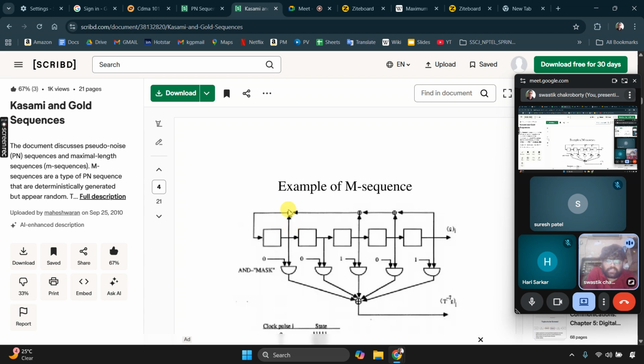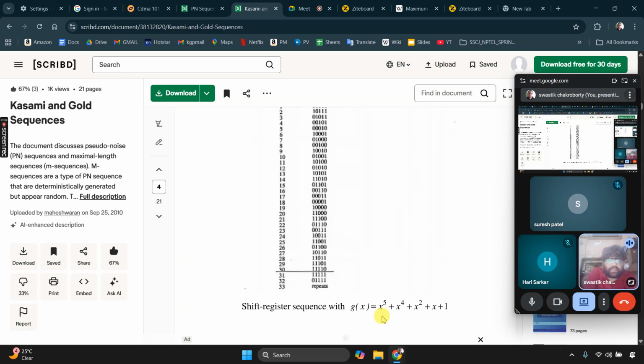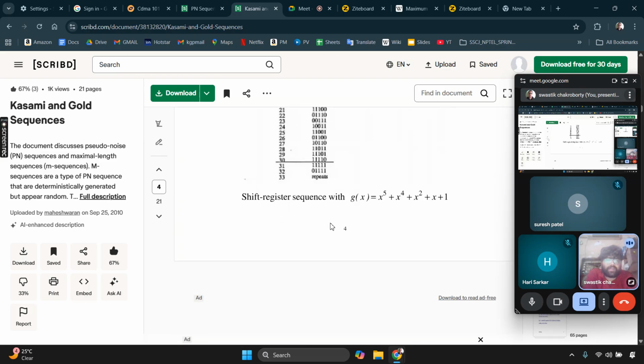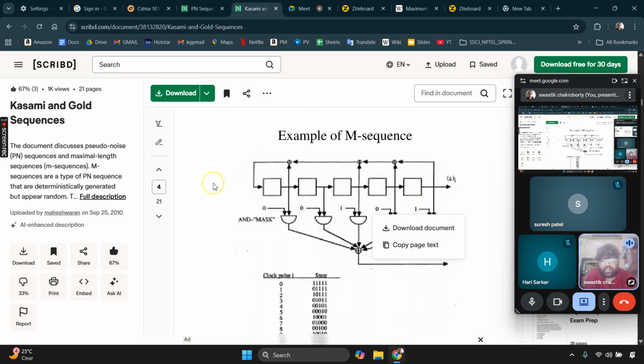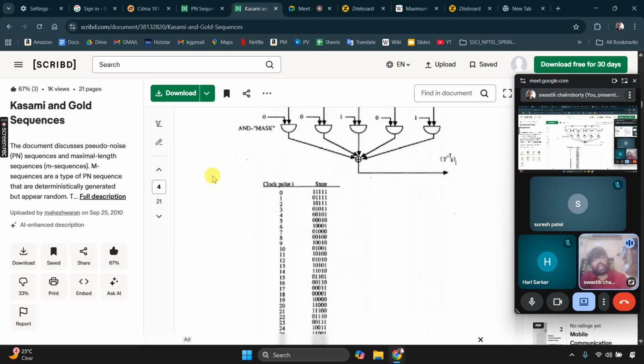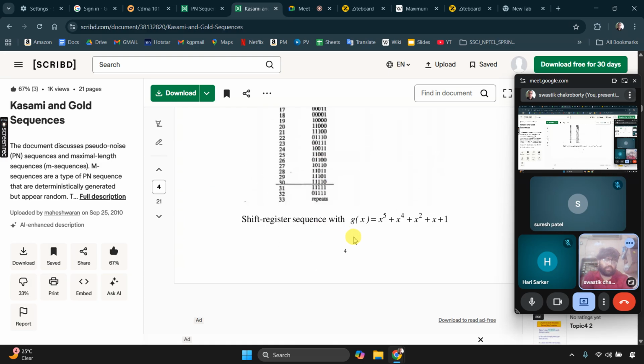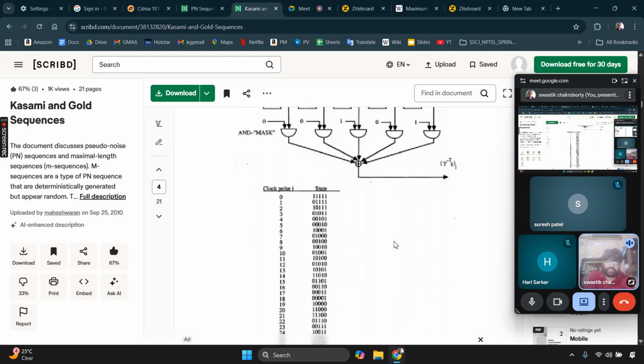This is raised, this is raised, except for x cube, all are raised. So it is basically 1 through x to the power 5 except x cube. So 1 plus x square plus x4 plus x5, that is the generator polynomial. Now this polynomial can be shown to be not factorizable. So this is a maximal length sequence.